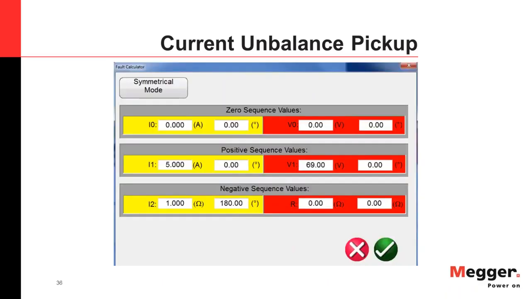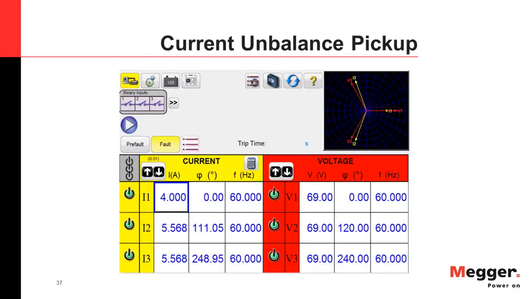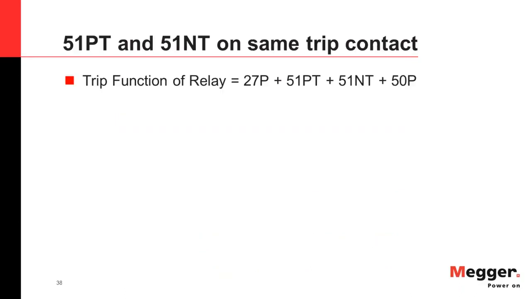So the software automatically calculates all the mathematics behind sequence components, this whole concept that I showed you in previous slides. But I explained those mathematics for a reason. The reason is, if you see the software is doing something wrong, then you can find the fault there, because you now know the mathematics behind that. So this is how it will look, and you will inject the phase currents to the relay in order to test your current unbalance pickup.